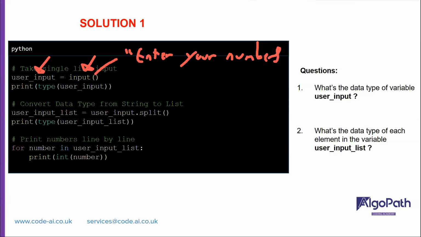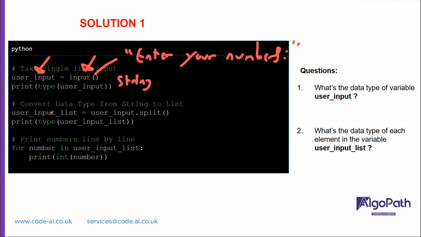By doing this, it just makes it a little bit easier for the user to understand what's going on. And then we print what the type is, and that type should print out a string. It prints out a string because anything read from the input is in string format. So that should be a string.